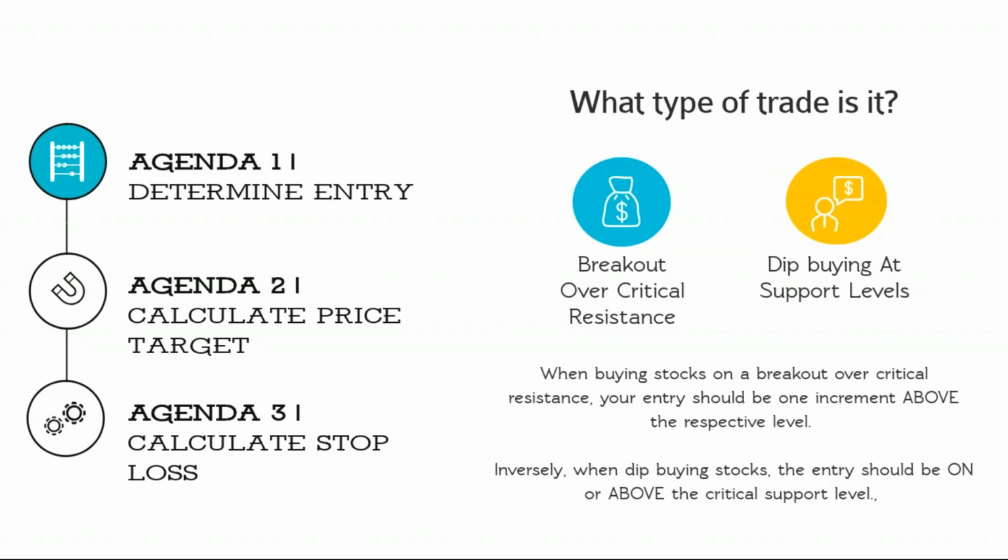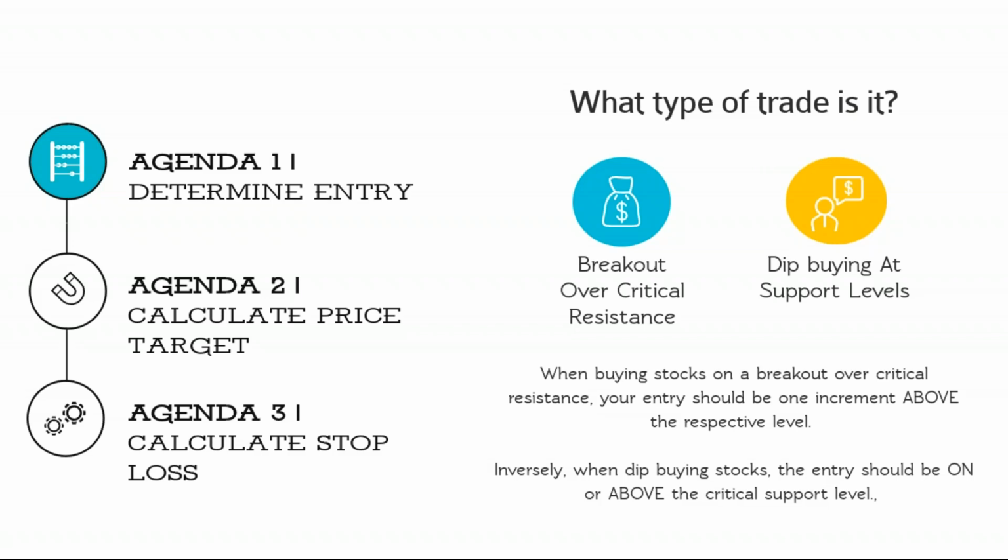Usually for stocks above $1, it would just be $1.10 or $1.15 or whatever the case may be. But to really cover all the bases, I wanted to put one increment above because there are more increments. So if you wanted to buy above a critical resistance level on a sub $1 stock, let's say it's 50 cents, if the increment is 0.5000, you want to buy it at 0.5001, not 0.51, but 0.5001.